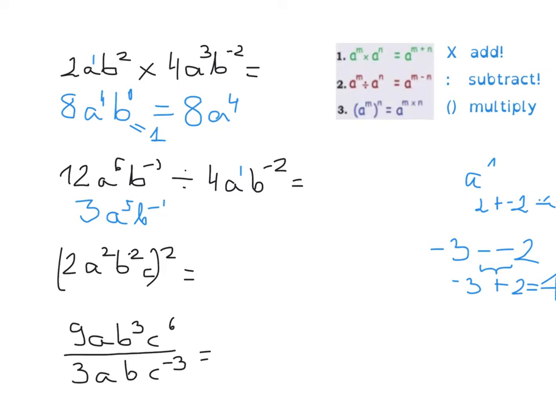Next one, we have bracket to the power of 2. That means you have to multiply everything, and you can't forget about the numbers. So that would be 2 to the power of 2, and then you have to multiply these. Okay, or you can simply write down 2 brackets even, and c to the power of 1 straight away.